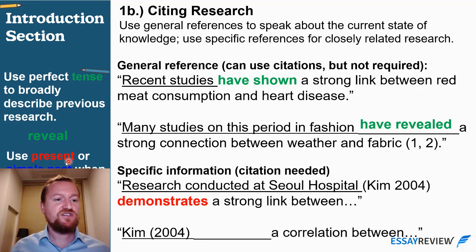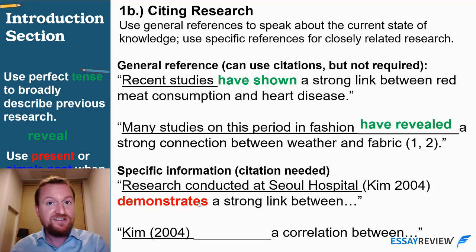However, you can use the simple present or simple past when referring to interpretation of the work or to a specific work. So for example, research conducted at Seoul Hospital, and then you have the specific citation, and then "demonstrates," so a simple present, or "demonstrated," depending on the journal and the style format you're using. Let's see what we can do with "draw."